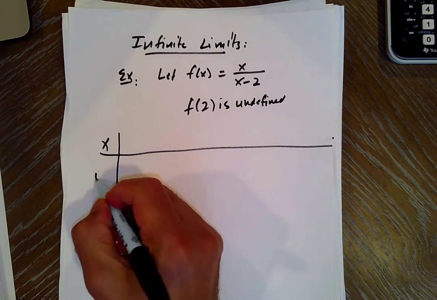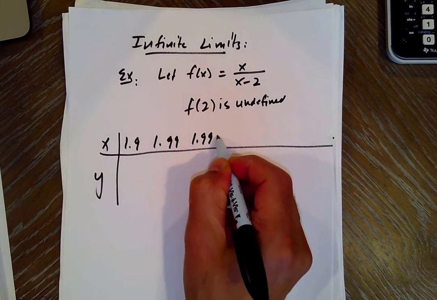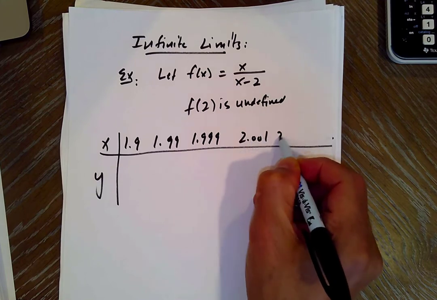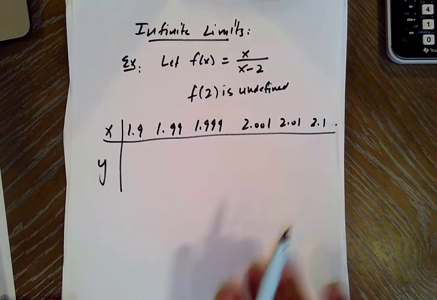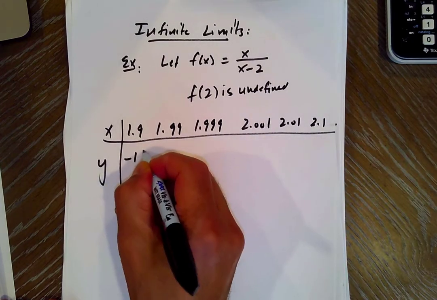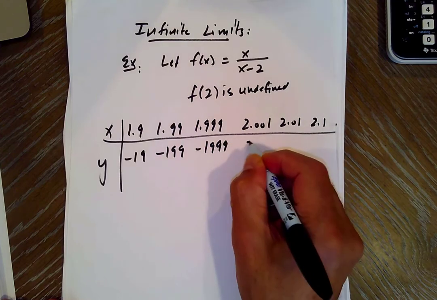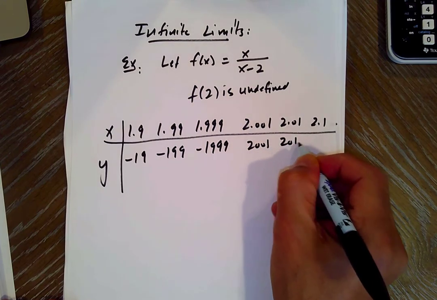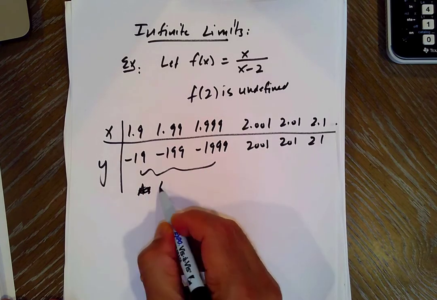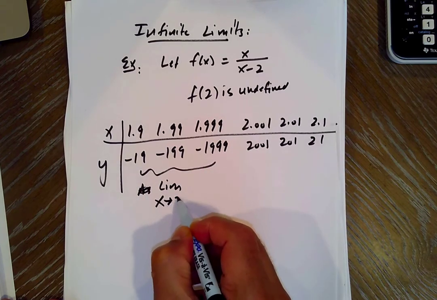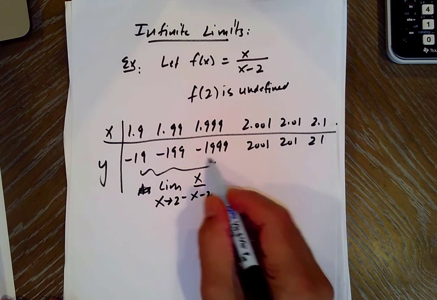So if I approach 2 from the left and from the right, if you put that in your grapher just like I did, you will get negative 19, negative 199, and so on, so you can see what's going on with the y values. As x approaches 2 from the left of x over x minus 2, it looks like it's going to negative infinity.